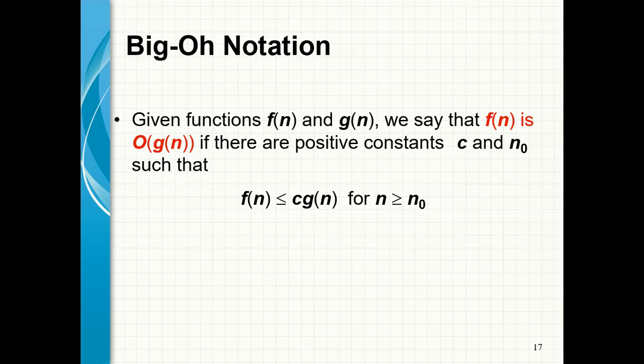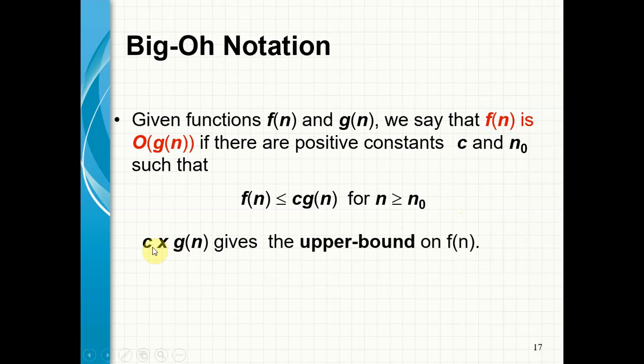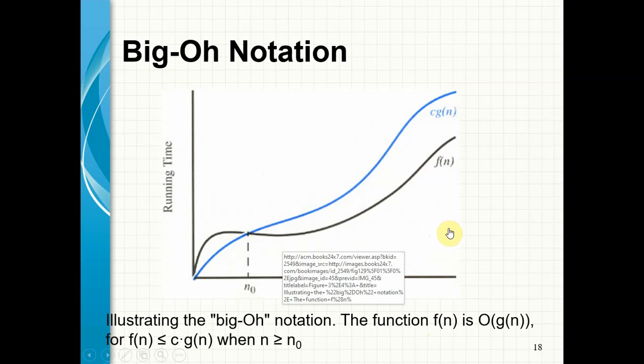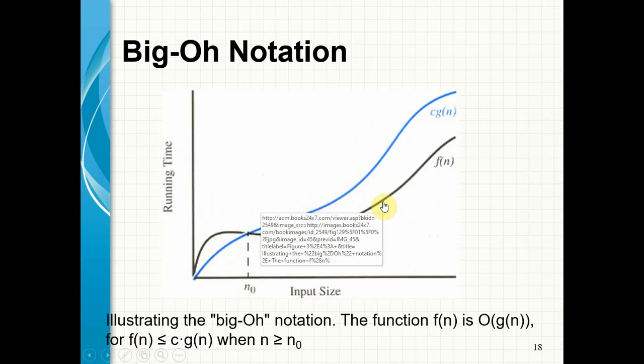It looks quite conceptual. The idea is that c times g(n) will give the upper bound of f(n). That is the main idea. If you find it too conceptual, let's see this graph. It illustrates the Big-Oh notation. f(n) is O(g(n)) for f(n) less than or equal to c times g(n) when n is greater than n0.